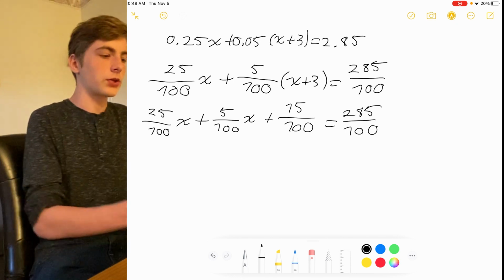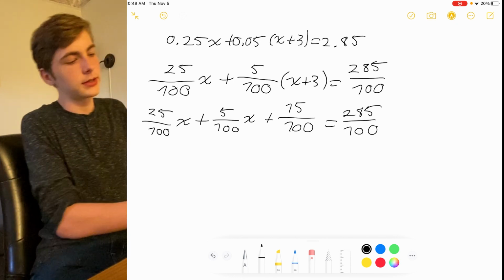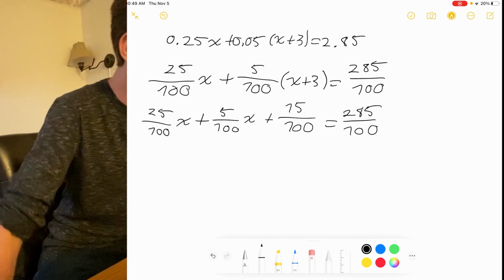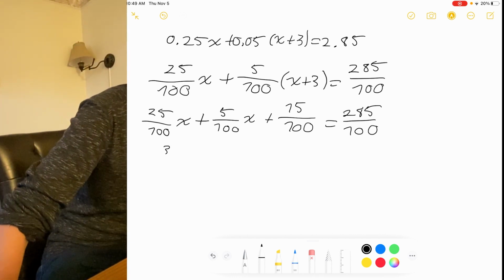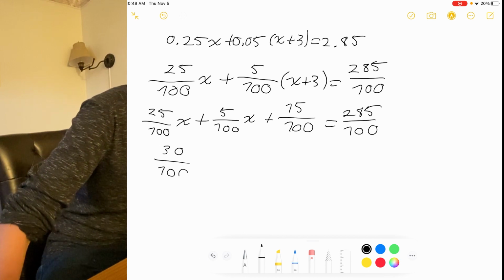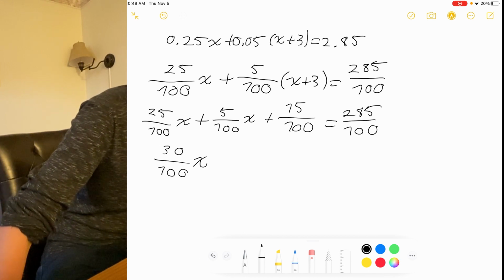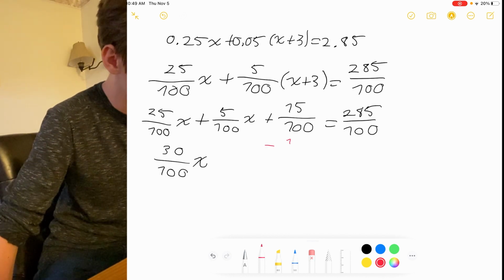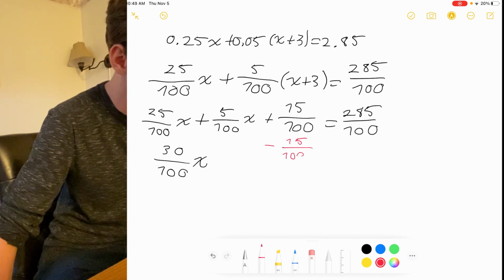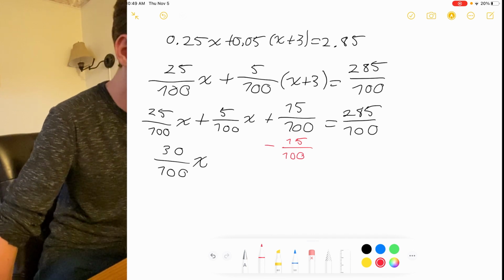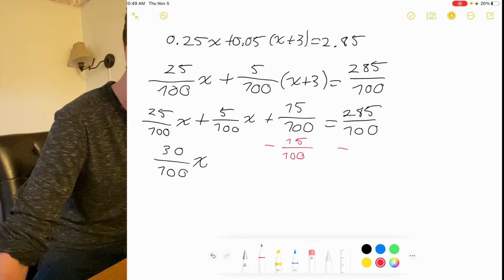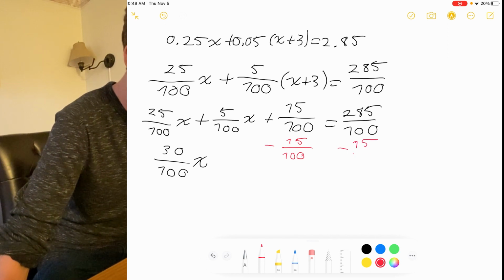now we make sure we move all the x to one side and all the constants to the other side. These ones will just combine, so 25 over 100 plus 5 over 100 is 30 over 100x. And then this 15 over 100, right, we're going to minus 15 over 100 so that we can bring it to this side, which is also going to subtract 15 over 100.